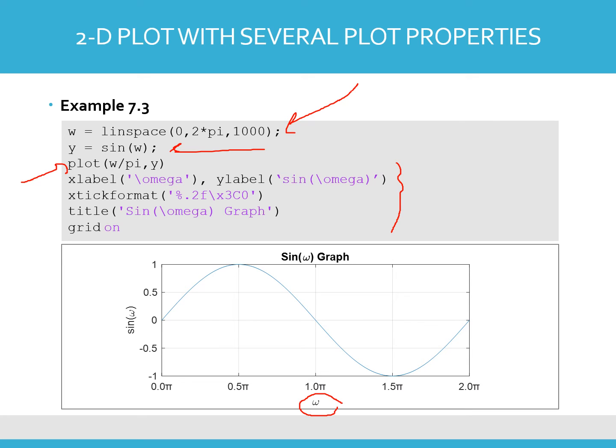You only have to check the code for each symbol. For omega, this is just backslash omega. And don't forget the open bracket and closing apostrophe. So automatically we create this, and then you can create a ylabel here. So ylabel, sine omega. So this one.